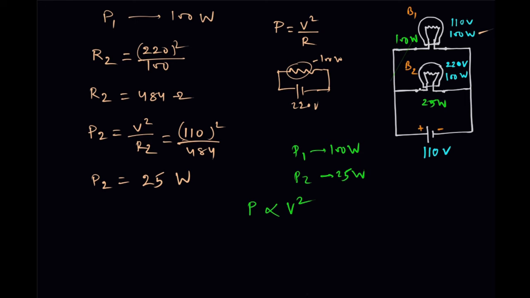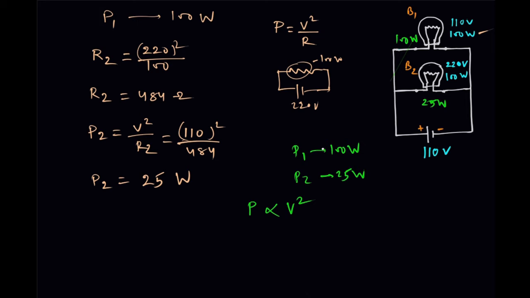The resistance remains the same once it is manufactured and rated by the company, and whatever voltage you give, accordingly you get the power. Because R2 is constant, when the voltage is reduced by half, the power will be reduced by 1/4. So total power consumption here is equal to 125 watt.